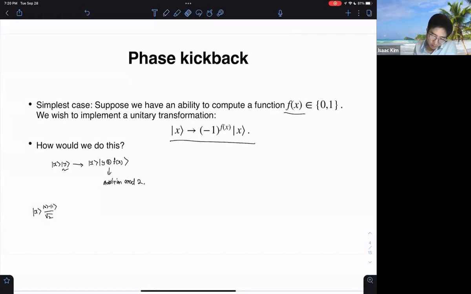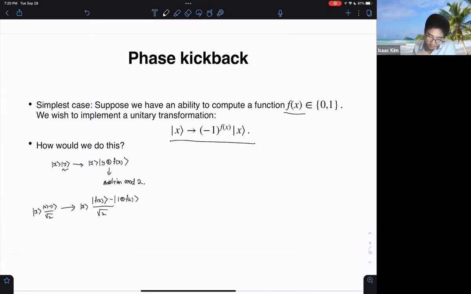Okay, and then you apply precisely this operation. So when you do that, you get this.